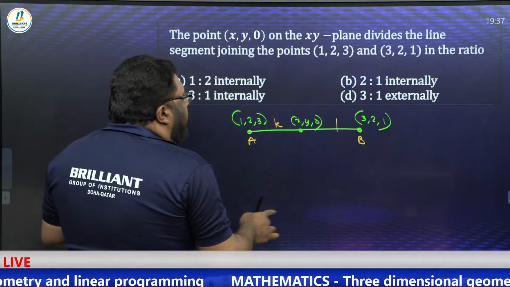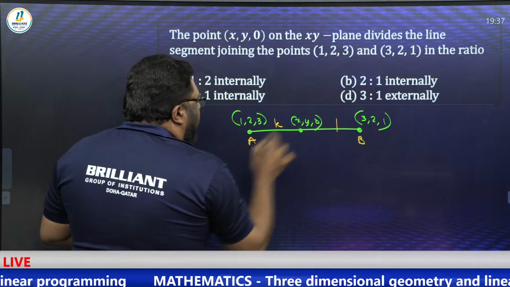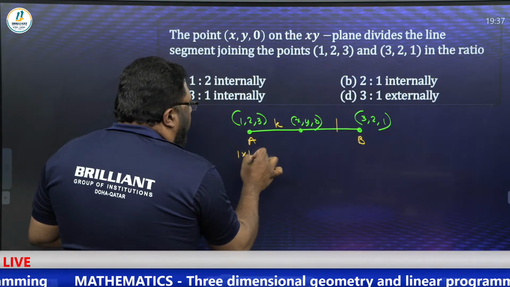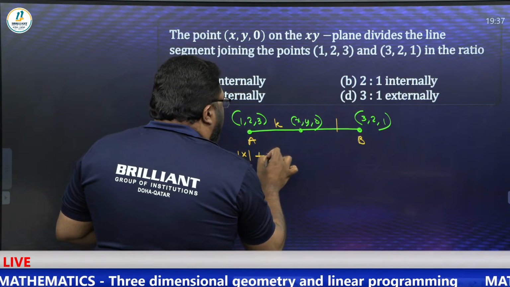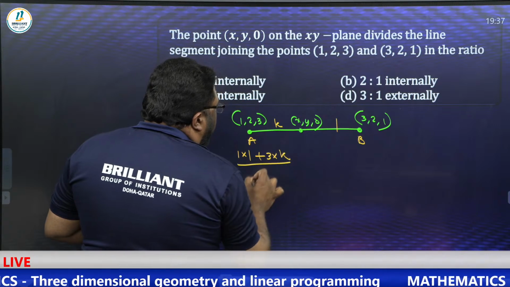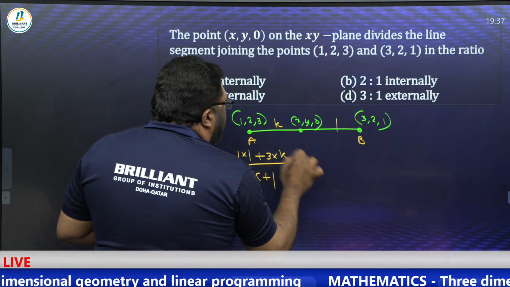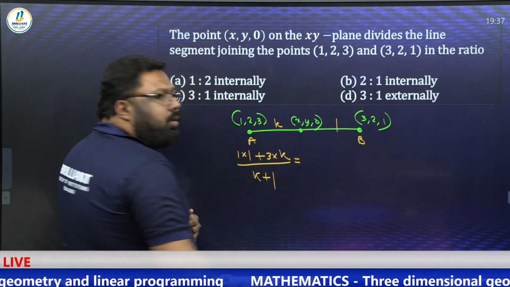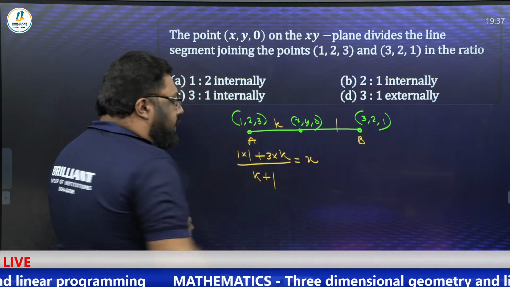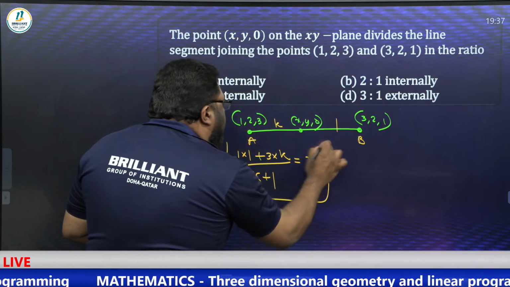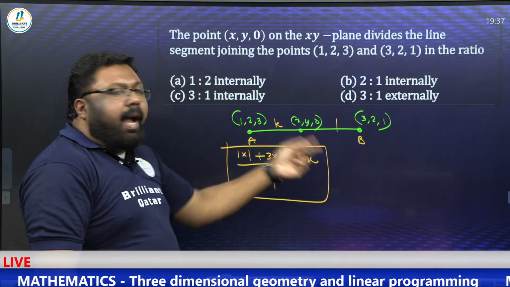So how do you do section formula? x1 into the corresponding ratio. So 1 into 1 and 3 into k divided by k plus 1. That is equal to some value, correct? That is what happens to x. So here I cannot use this relation because I don't know k, I don't know x.